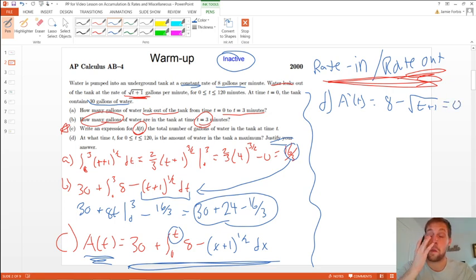So I can add the square root of t plus 1 to both sides and get 8 equals the square root of t plus 1. I can square both sides, and t equals 63. Let's test 63.